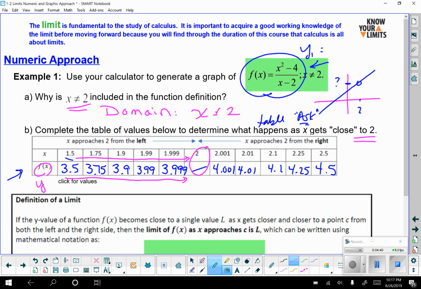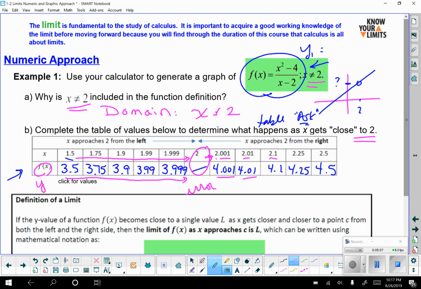Once I hit 2 on my table, I noticed it said error, which is not surprising because we knew that x could not equal 2. And then as I proceed to the right side of 2, as x gets larger, 2.001, 2.01, 2.1, my values of f of x are 4.001, 4.01, 4.1, and so on, and then continue to grow.